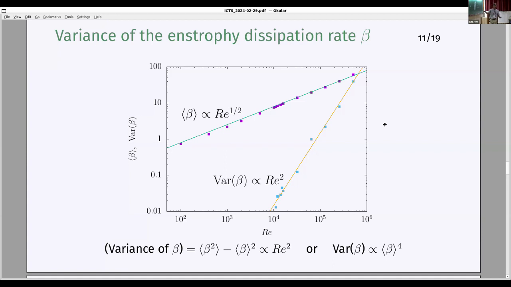But some of you may notice that means beta has some multiscaling property. If we assume multiscaling, then we should have a different exponent. If we have just a single scaling, then this should be Reynolds number to the power 1, right? But I don't have a good explanation for this scaling, so you are invited to figure it out.